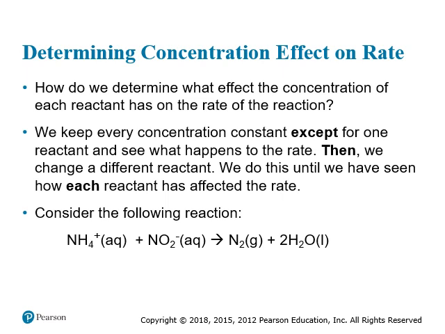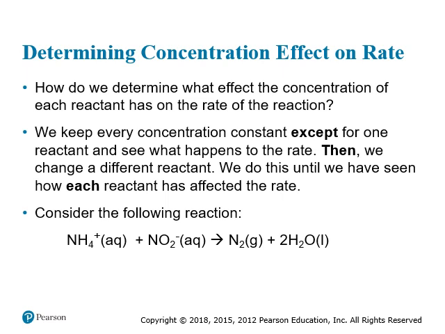Well, we perform a series of experiments, and in these experiments, we keep the concentration of everything constant except for one reactant in order to see what happens to the rate. After we determine the effect that that concentration has on the reaction rate, then we move on to a different reactant. And we do this until we have seen the effect of each and every reactant on the rate of reaction. For example, let's consider the following reaction.